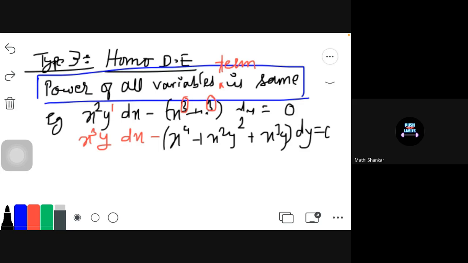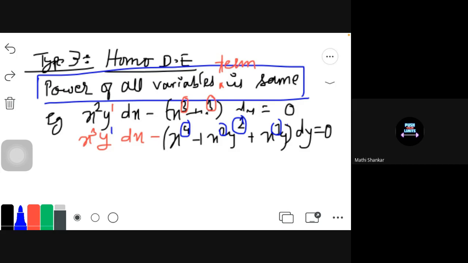So again, if you see here 3 plus 1, this is going to give you 4. Here also I have 4. 2 plus 2, that will again give me 4. 3 plus 1 again give me 4. So again, power of each and every term is equal. Since the power of each and every term is equal, the given equation is a homogeneous equation.